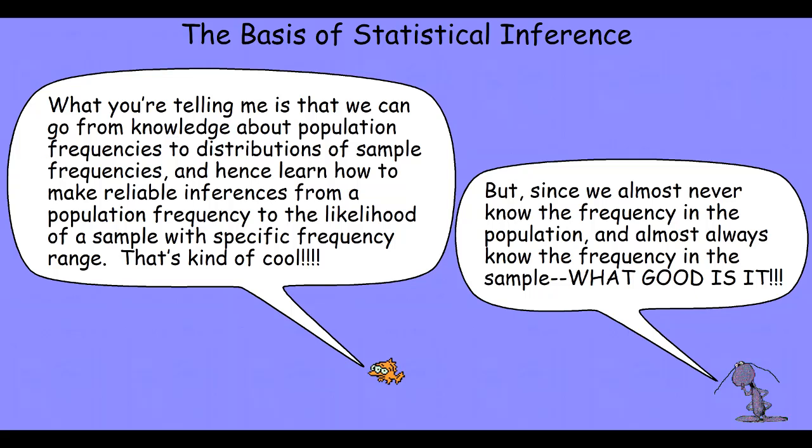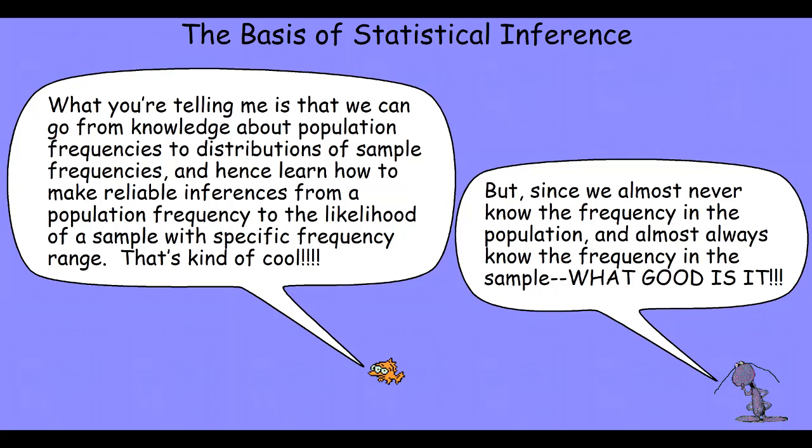We ended the last module by noticing a cool thing and a disturbing thing. We started off by noticing that, hey, if we know the frequency in a population, we have now figured out how to calculate the probability of a sample taken from that population having a range of possible frequency values.